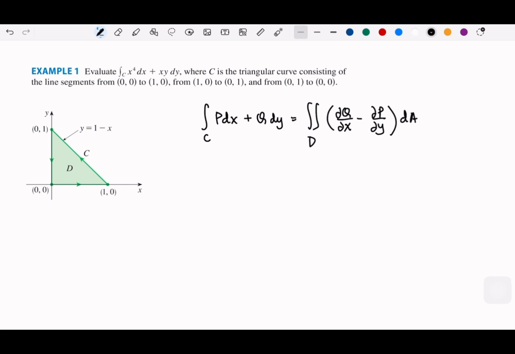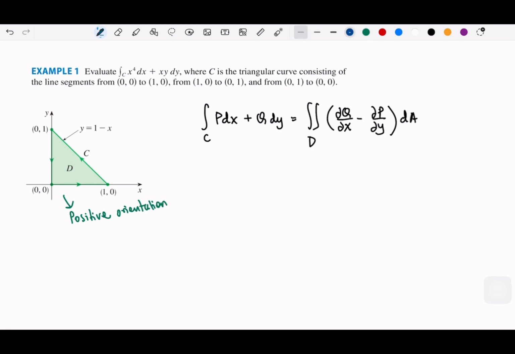So first, we need to notice that this is counterclockwise, the direction. So it's already positive, okay, positive orientation. What will happen if it's negative? Basically, you need to change the formula a little bit, but I will get into that later on.